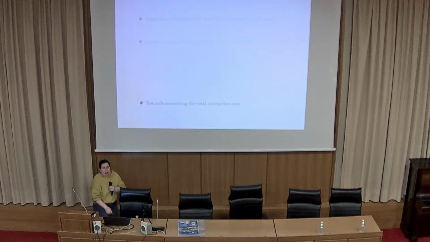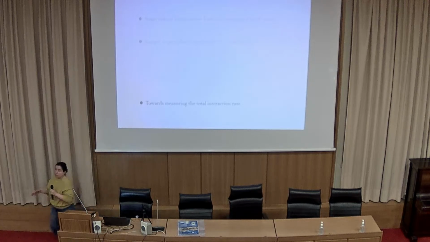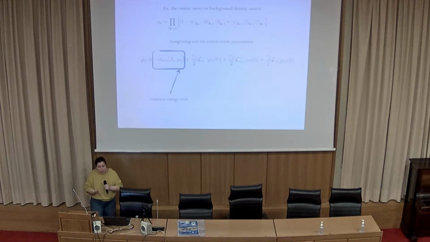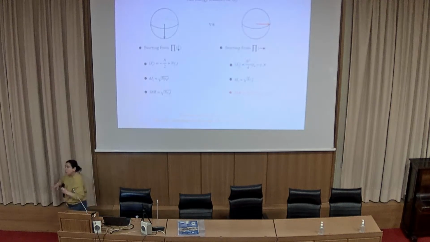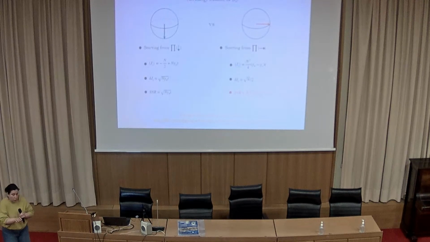So now let's talk about how you would measure this, okay? I've done theoretical calculations, but I've never told you how, in principle, you would measure it. In order to make full use of everything, I will need to look not just at energy exchange, I will need to look at the total interaction rate.